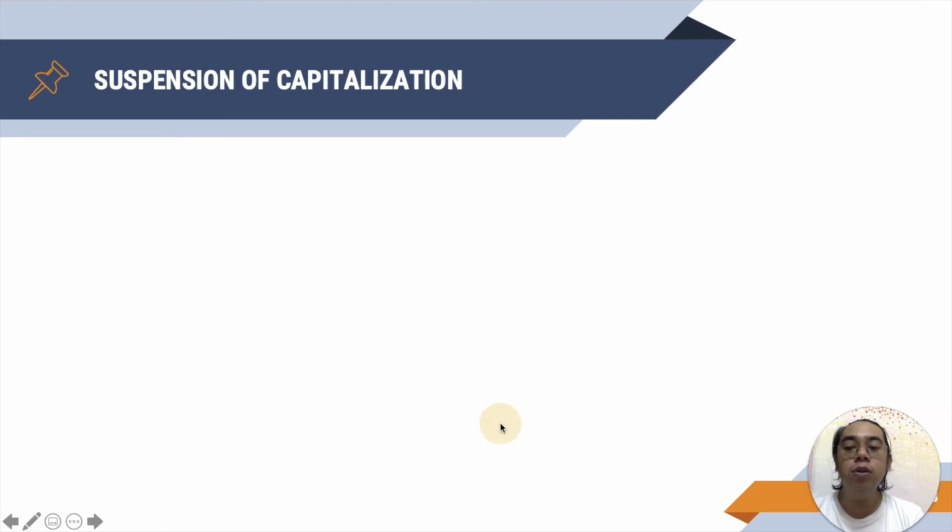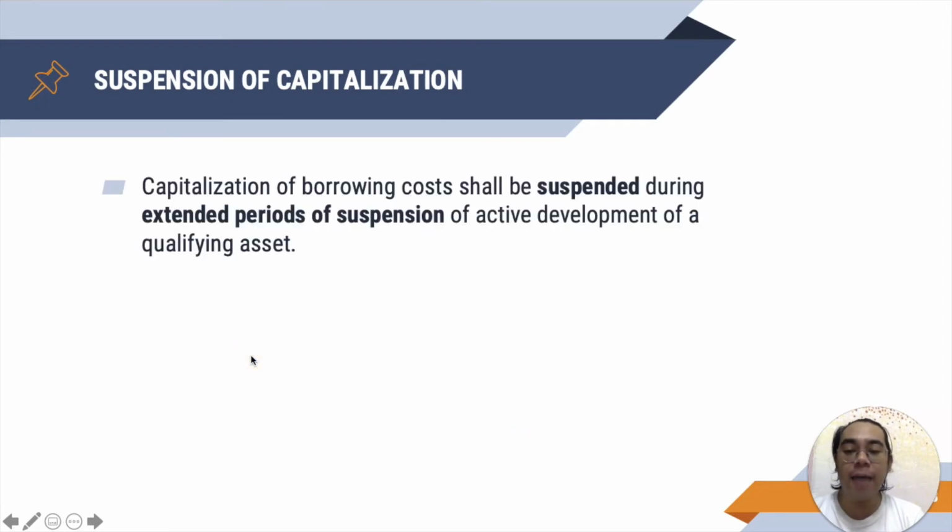When do you suspend capitalization? You suspend capitalization during extended periods of suspension of active development of a qualifying asset. For example, say COVID happened, and the active development or construction of the qualifying asset was suspended for an extended period, then you also cannot capitalize borrowing cost.